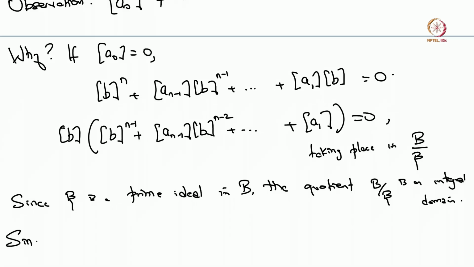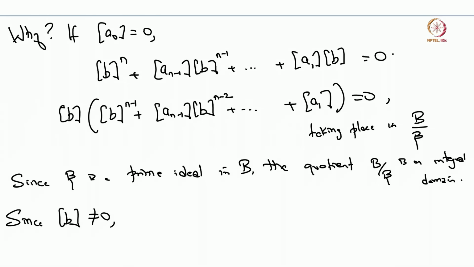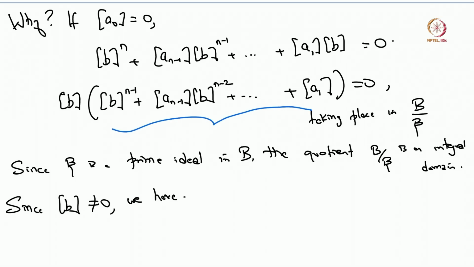But by assumption, since bracket b is not 0, we have that the remaining term must be 0.